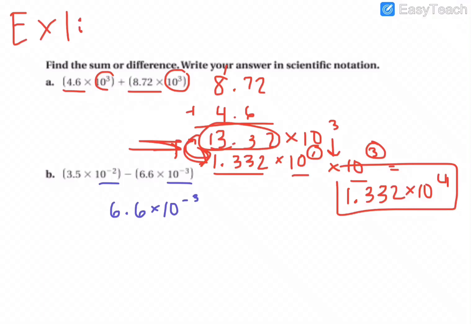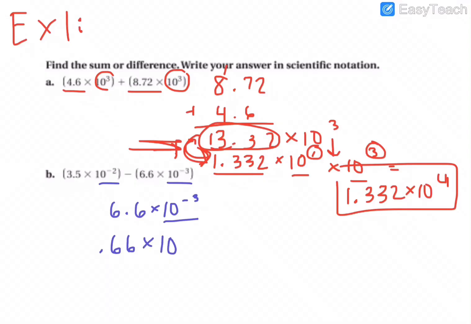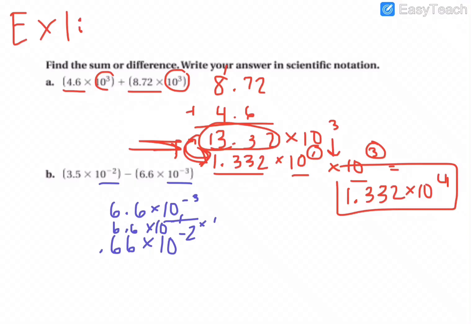So basically what I'm doing is making this be the negative second, which means I would have to change 6 and 6 tenths to 66 hundredths times 10 to the negative second, and I'm basically doing that because I am multiplying 6 and 6 tenths, let me add a step in here, times 10 to the negative first times 10 to the negative second.